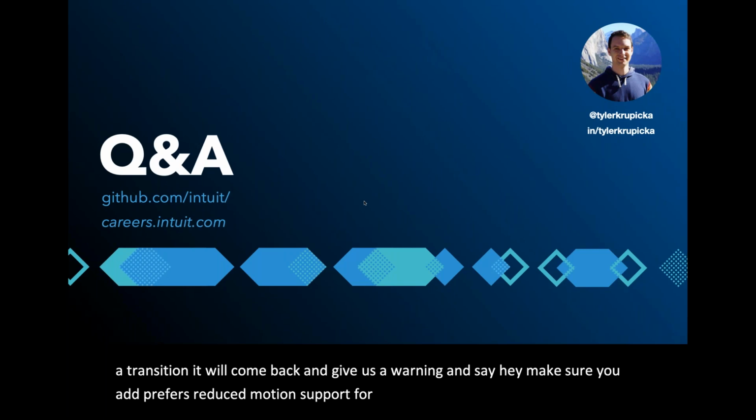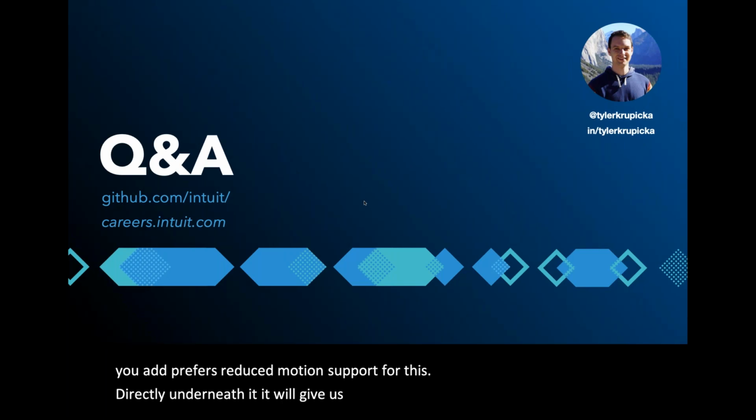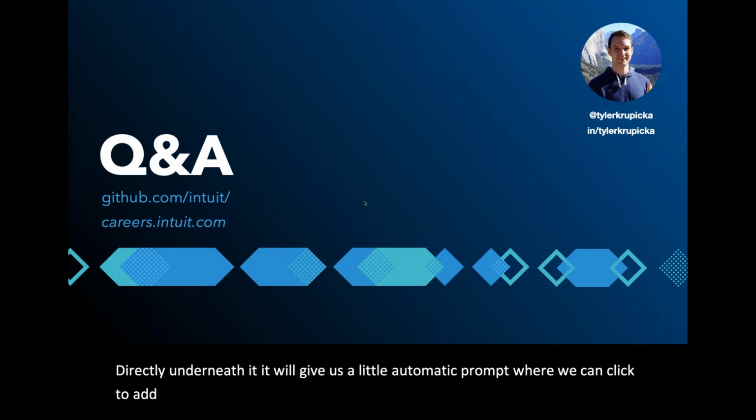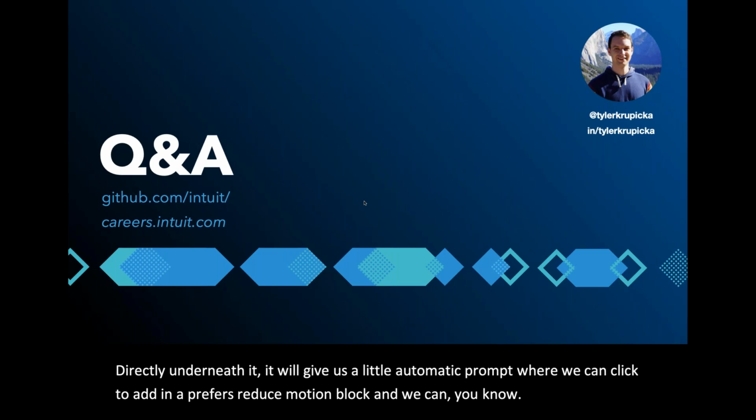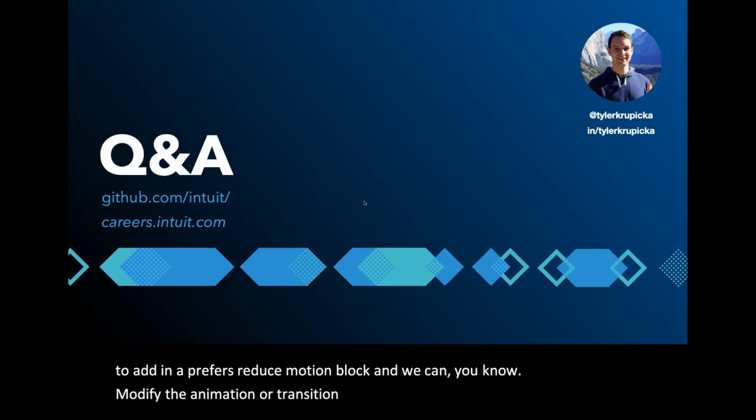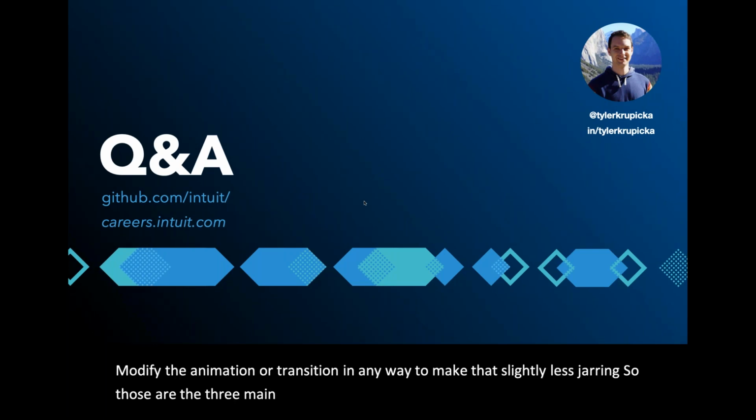Directly underneath it, it'll give us a little automatic prompt where we can click to add in a prefers reduced motion block, and we can modify the animation or transition in any way to make it slightly less jarring. So those are the three main tools we use for that.